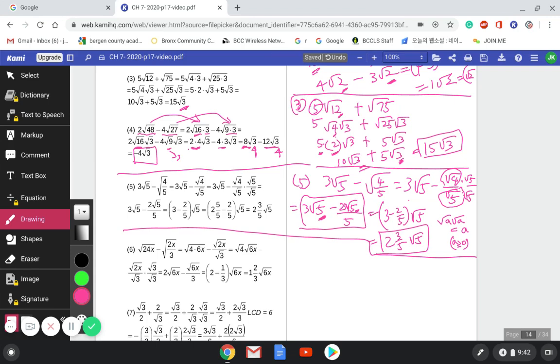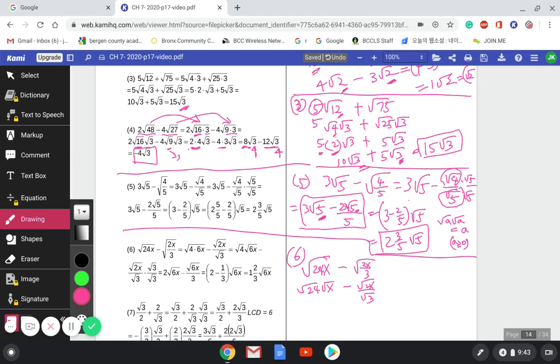Now, this is a little complex, but if you do that, it's a square root of 24x minus square root of 2x over 3. Now I will break them into square root of 24 with the square root of x, and this one has a square root of 2x over square root of 3.